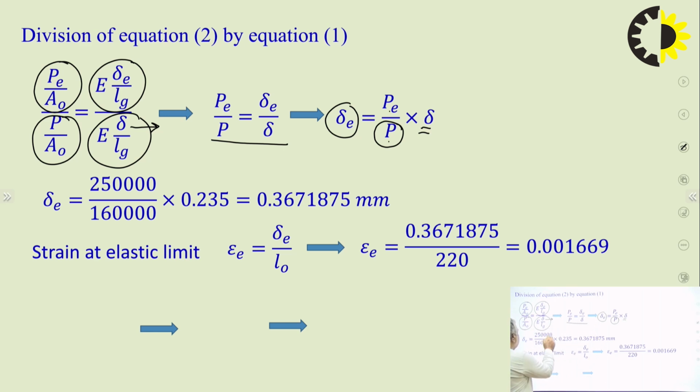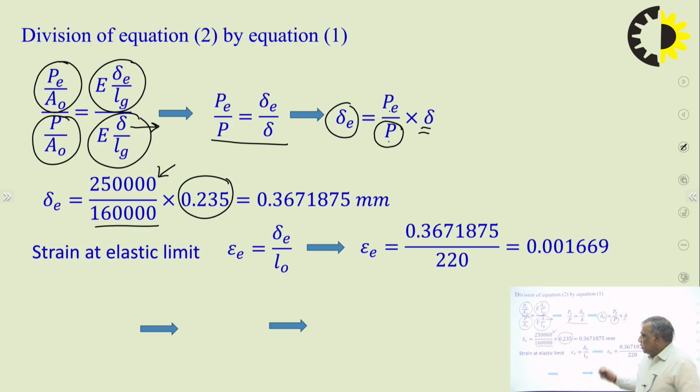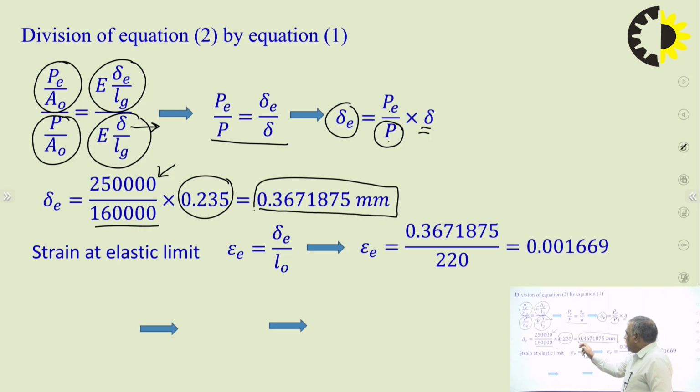So for delta E, we put the values. PE is 2,50,000 Newton, 250 kilonewton. P is given as 160 kilonewton, that is 1,60,000 Newton, and delta is 0.235 mm corresponding to 1,60,000 Newton. So the deflection at elastic limit has the value 0.3671875 mm.